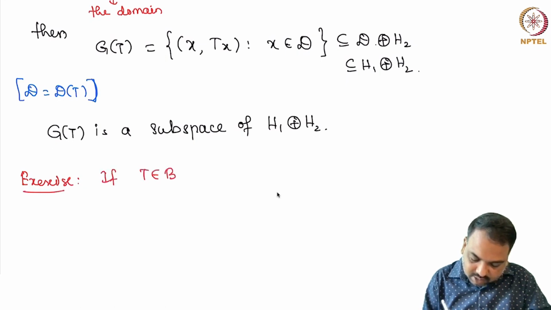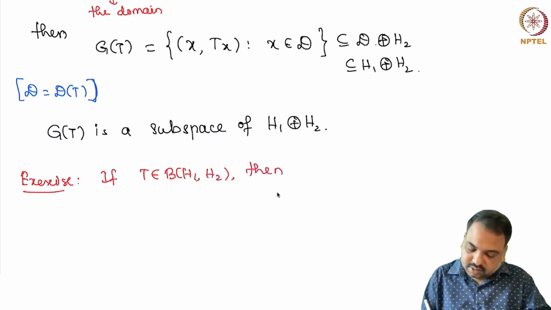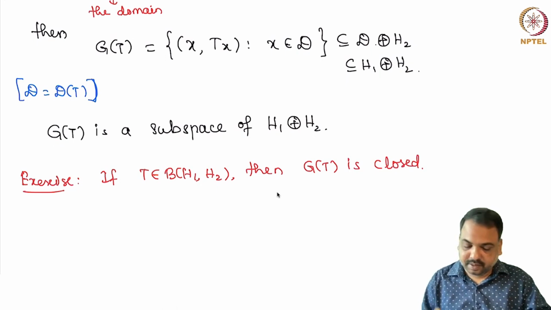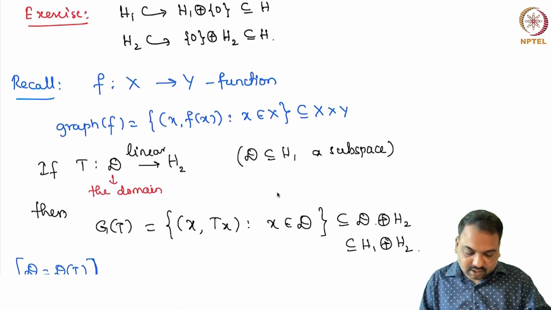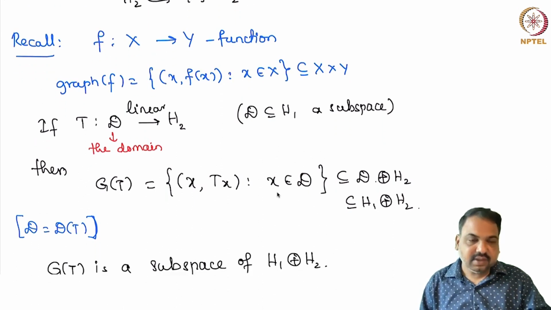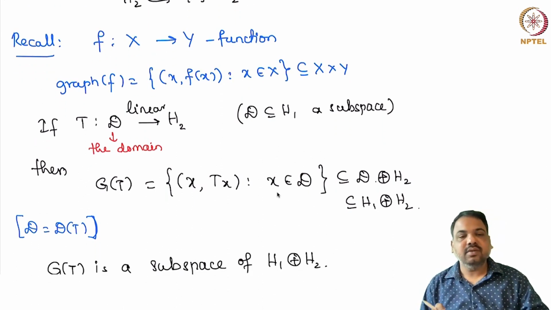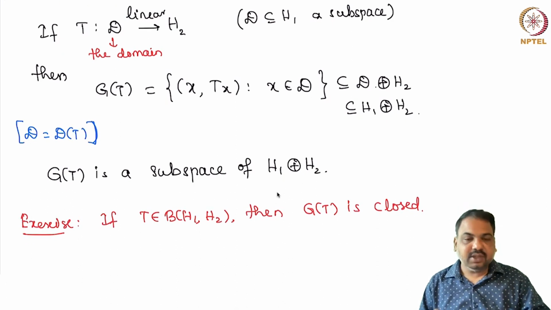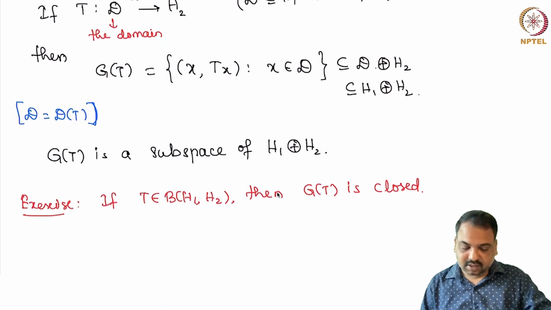If T is a bounded operator from H1 into H2, then we can show that the graph of T is closed. It's a closed subspace of H1 cross H2. Now if you see operators like T, whatever we have defined earlier, which are defined on a subspace of H1 instead of the full space, then also we can define the graph of the operator. The graph of T is a subset of H1 direct sum H2, and it may be possible that the graph of T is closed even though T is not bounded or not continuous.